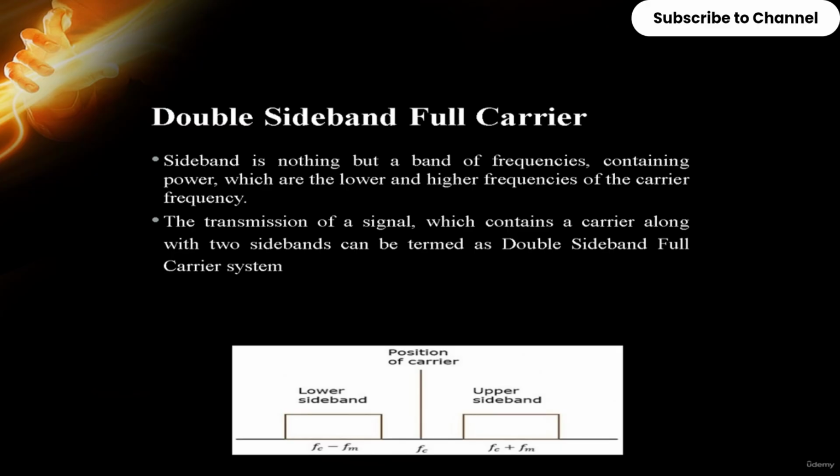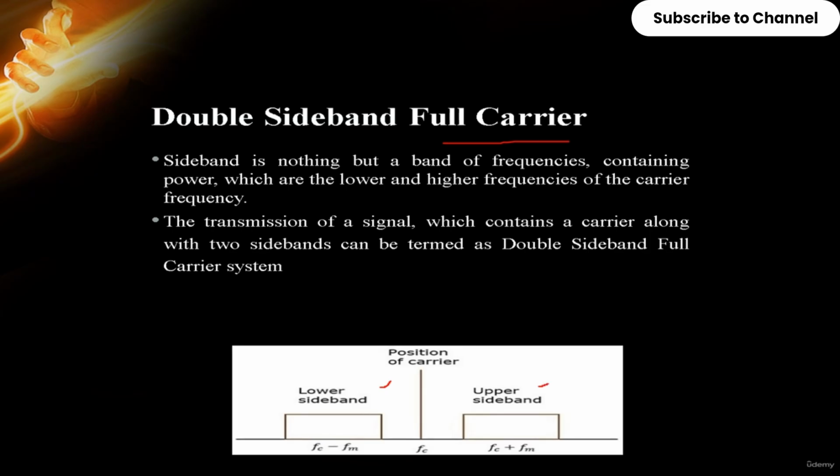So next is the double sideband, which is used in modulation, and which is used to carry a full carrier wave. In double sideband, in the process of amplitude modulation, the modulated wave consists of the carrier wave and two sidebands: the lower sideband and the upper sideband.